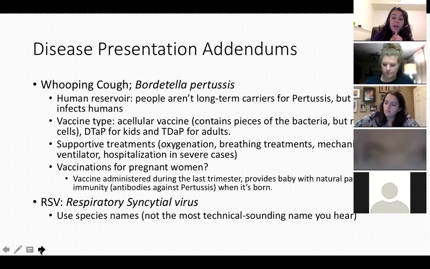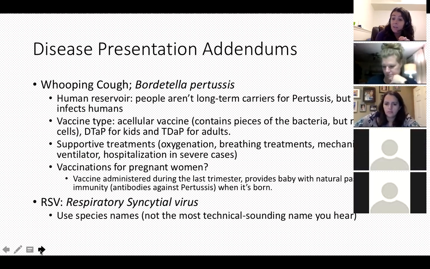If you've ever heard of Typhoid Mary, she was an asymptomatic carrier of Salmonella typhi, which causes typhoid. She had initially contracted it. The bacterium took up residence in her gallbladder, and she was a cook and infected quite a few people that way.